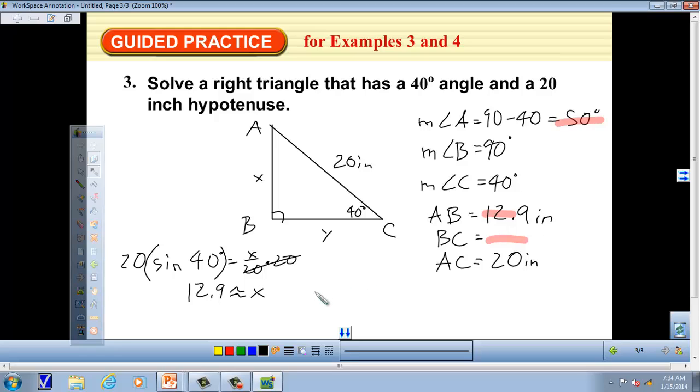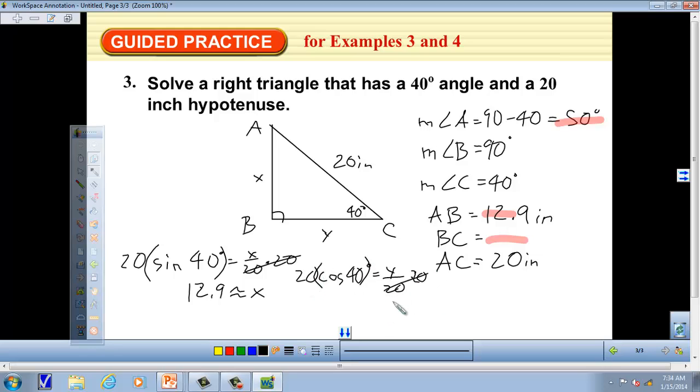Now we're going to do cosine for BC because it's adjacent over hypotenuse. So we say cosine of 40 degrees equals y over 20. Again, multiplying both sides by 20.